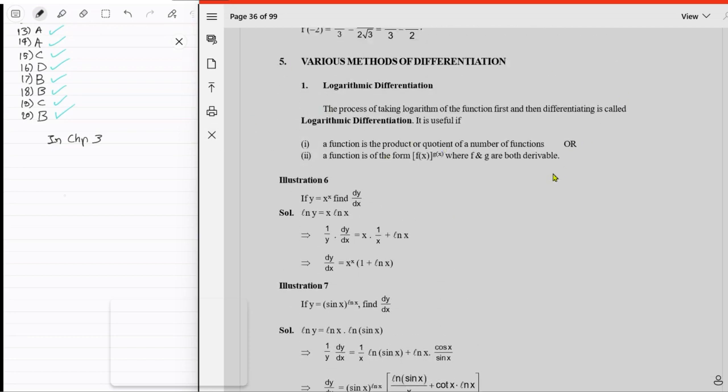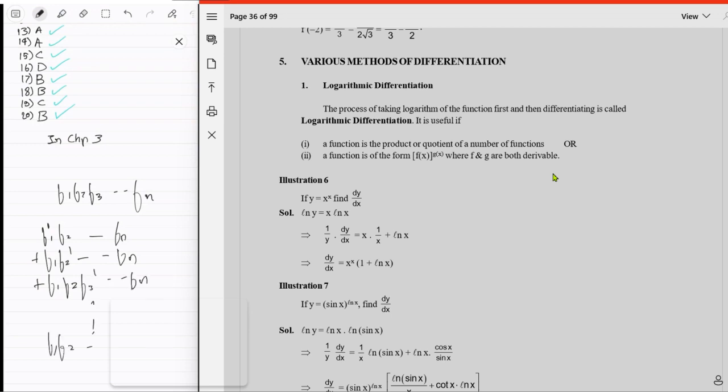If we got f1, f2, f3, a bunch of these functions multiplied together, and you want to take the derivative, what you do is you just take the derivative of the first one, so f1 dash, and then repeat all of these functions. Then plus you take the derivative of the second one, repeat, and just keep on doing this. And there you go, you got the derivative.